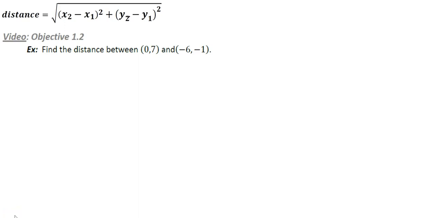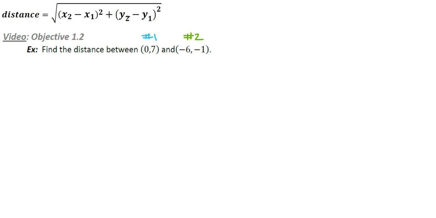In this video, we're going to cover Objective 1.2, find the distance between 2 points in the coordinate plane using the distance formula. So, in this case, we're given 2 points, and I'm going to think of the first point here as point number 1, and the second point they gave me as point number 2.